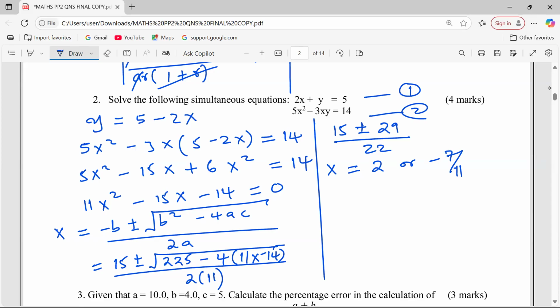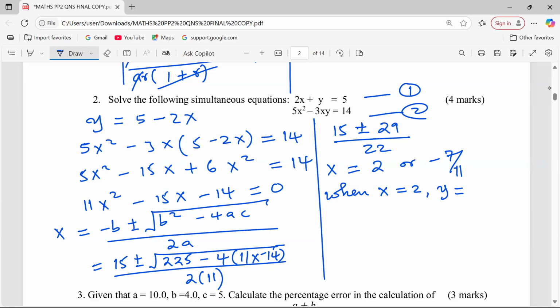So for y, we will say when x equals 2, y is going to be, now we substitute 2, 5 minus 2 into 2. This is going to be 1. And we can get another value of x. When x is negative 7 over 11, we can get the different value of y.